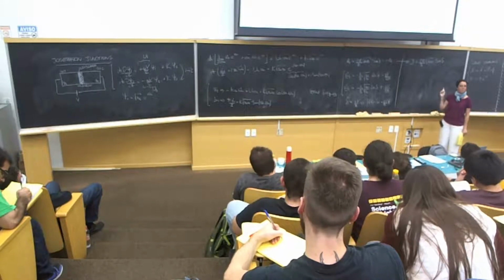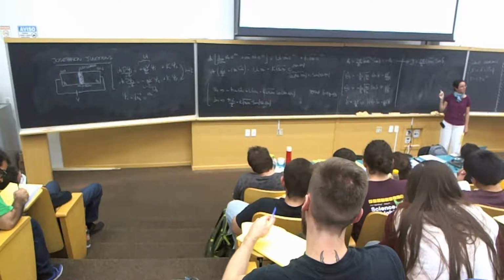Now if we plug this in the current equation, we get something interesting, the phase difference at a given starting point in time, but with an associated, one can think of a frequency, so we can call this Josephson frequency.